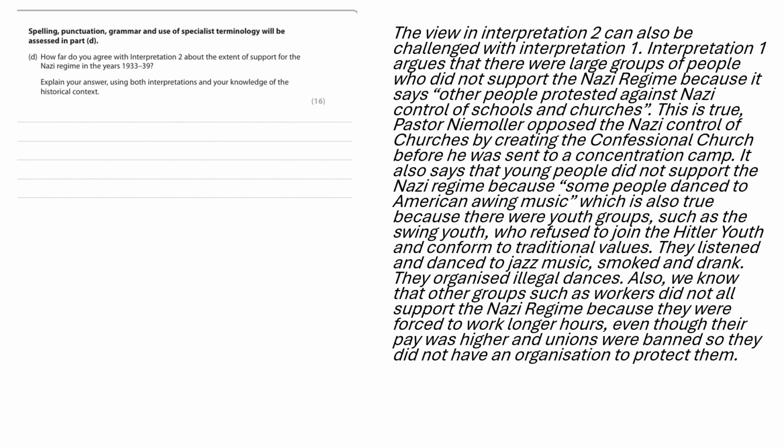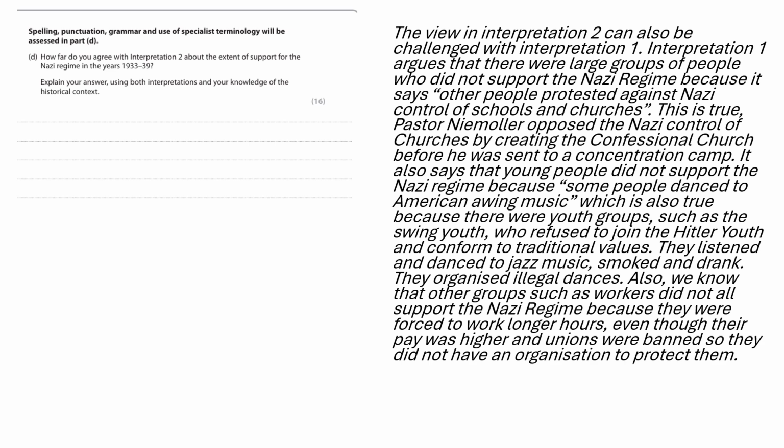And then you're just going to repeat the structure. "Interpretation 1 argues that..." write it in your own words. You've done that for 3b and for 3c. "It says... This is true. It also says... which is true." And then support it with contextual knowledge.